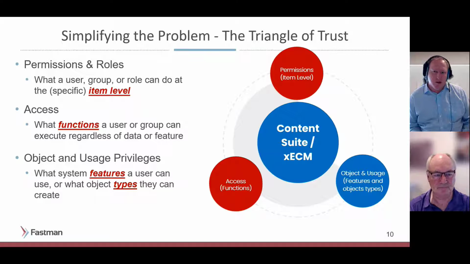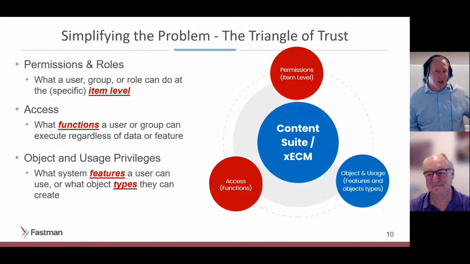So the triangle of trust was born out of that realization that we have fundamentally two things within the OpenText world, being the permissions and the object and usage privileges. We can restrict who can create what types of objects. We can restrict certain functions that they can perform, but they're very much global. You can create a document, you can't create a document. You can use this feature, you can't use that feature.